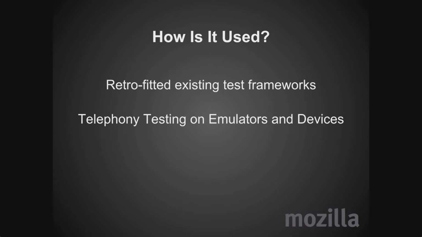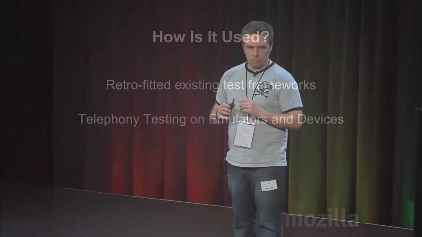So how's it used? It's been retrofitted into a number of our test suites. As Malini said, we've got hundreds of thousands of tests, and we need to test that things are working, because essentially Firefox OS is a browser on a device. We need to make sure that how people manipulate the DOM is still working properly.